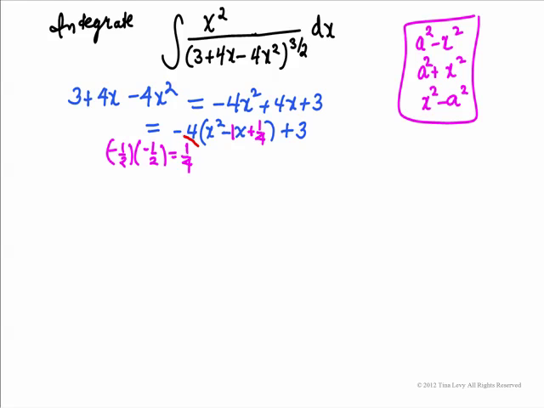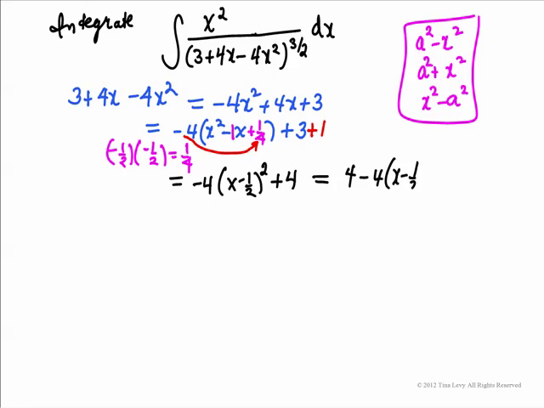But by putting a 1/4 there, negative 4 times that is a negative 1, so to compensate, I'm going to add 1. I can now write this as negative 4 times (x minus a half) squared plus 4, which I now can reverse and put the positive 4 first, and it's 4 minus 4 times (x minus a half) squared. I have now completed the square.